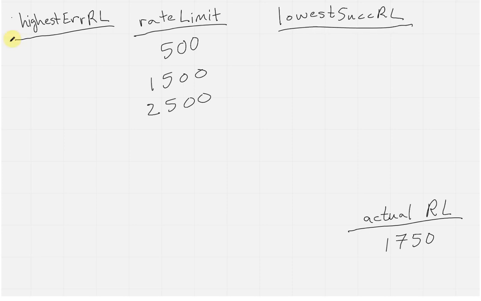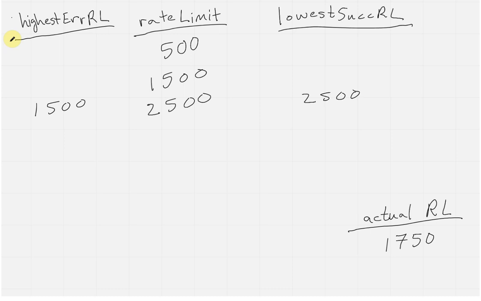So, given my marching through the trying out of rate limit values, it becomes 1,500 as highest error rate limit, and lowest success rate limit is 2,500. Right. So 2,500 works. It can be optimized. We're going to try and find the optimization.